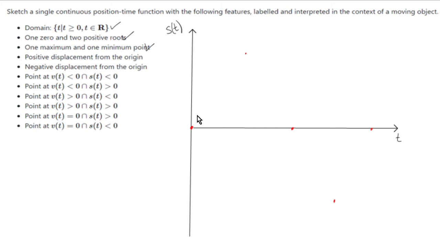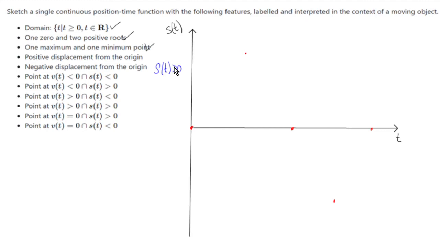So the y-axis here represents the displacement of this moving object from the origin, which is right there at x equals 0 and s of t equals 0. So in this graph here, whenever s of t is positive, we're talking about positive displacement from the origin.